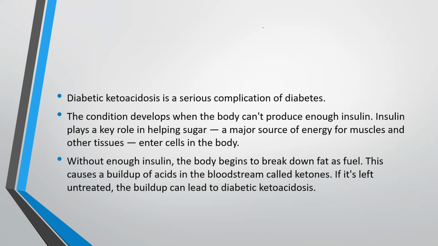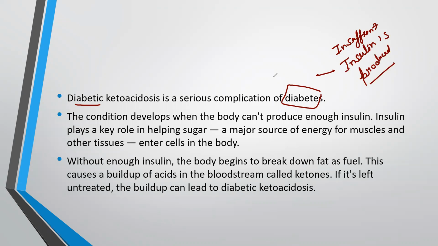So diabetic ketoacidosis is a serious complication of diabetes. And what is diabetes? Diabetes mellitus is a condition in which insufficient insulin is produced, and due to that there is an increased blood glucose level in the body.